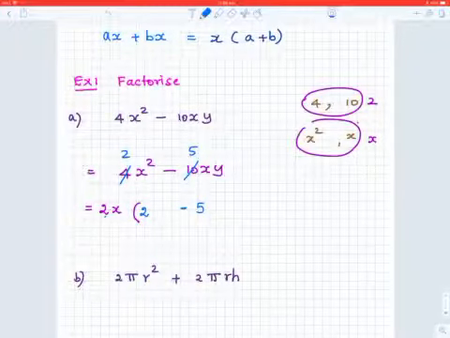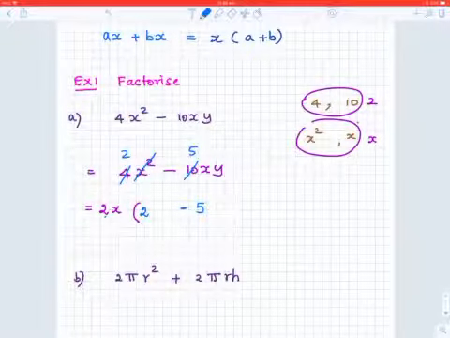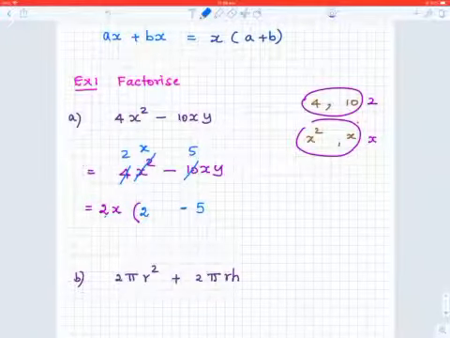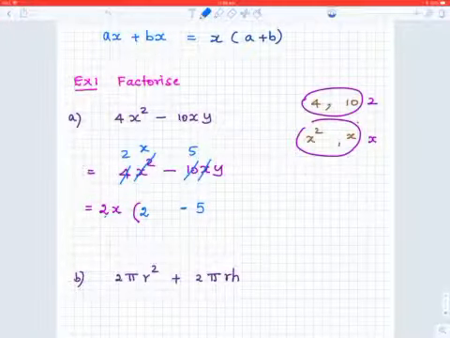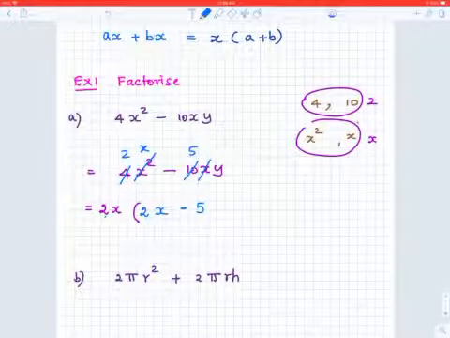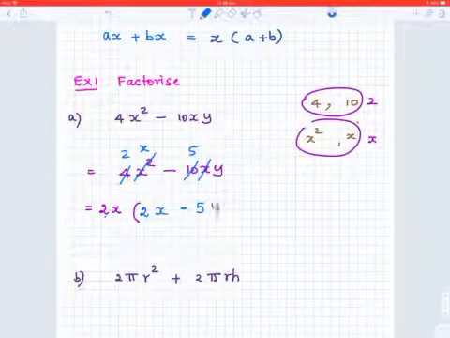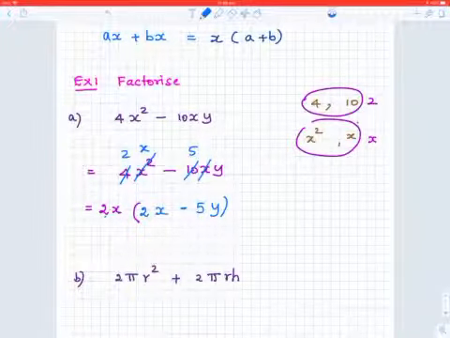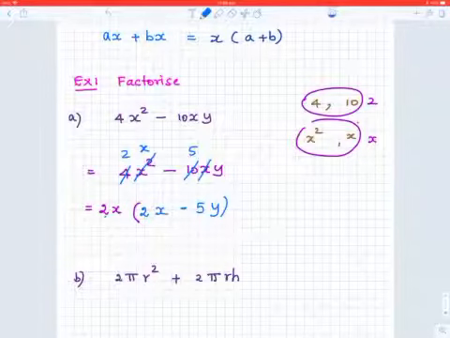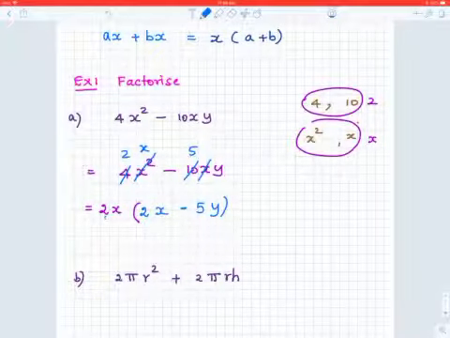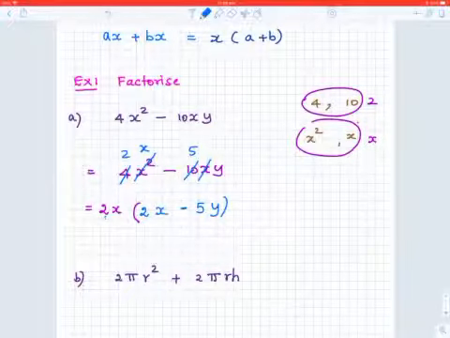Still not finished yet. x goes into x squared, which is x times, so x goes into this and cancels out, leaving 2x minus 5, and I have to remember the y. So this is your answer: 4x squared minus 10xy can be factorized as 2x bracket 2x minus 5y.